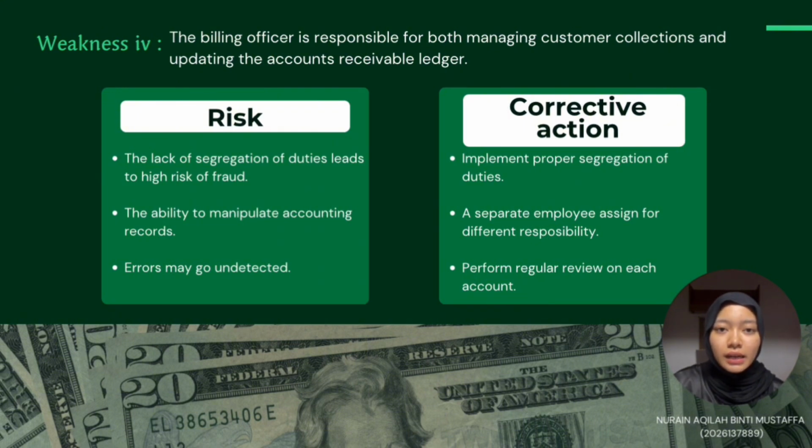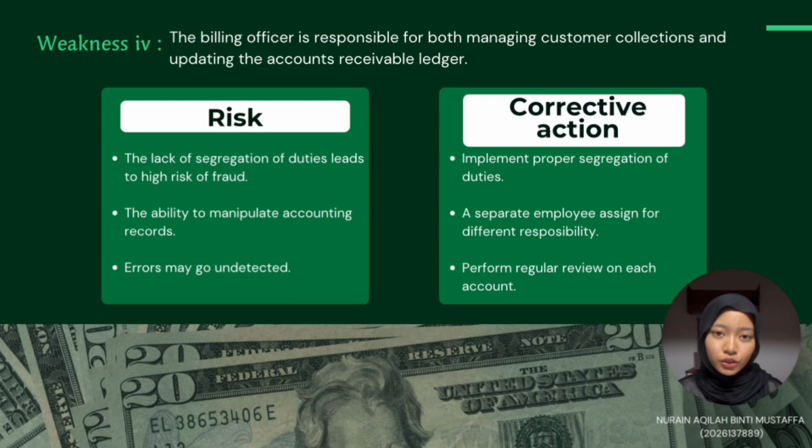Rahmah has the ability to manipulate accounting records because she updates the accounts receivable and ledger herself. She could easily alter or adjust entries to hide any missing payments or unauthorized transactions, making it very difficult for the company to detect any wrongdoing. Since the process has not been formally reviewed for several years, any ongoing irregularities may have gone undetected.